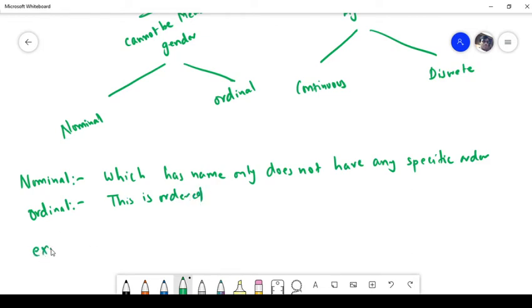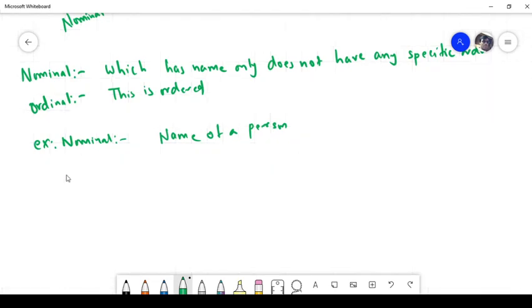An example for nominal is the name of a person. An example for ordinal is the review or rating of a restaurant.